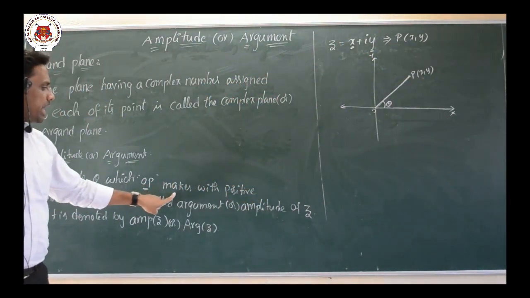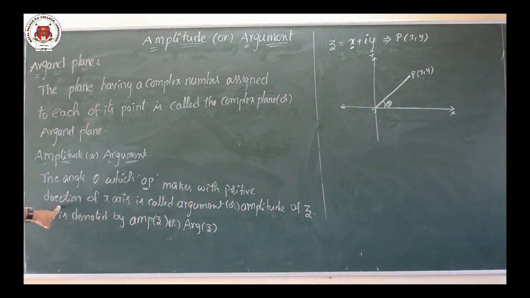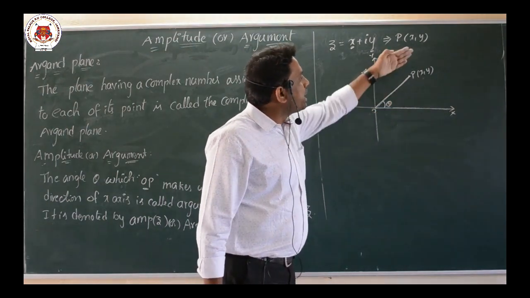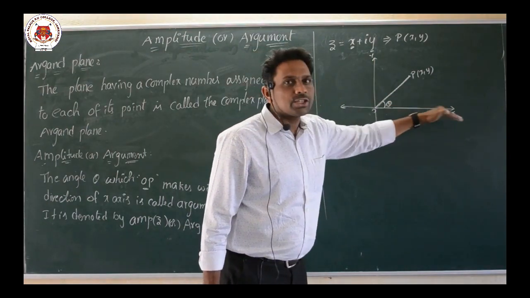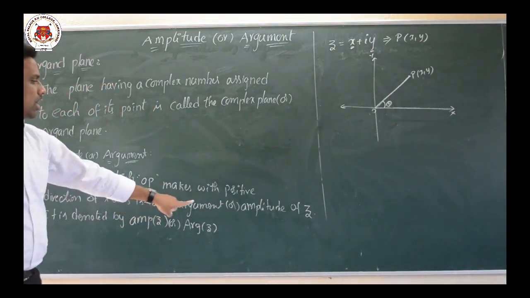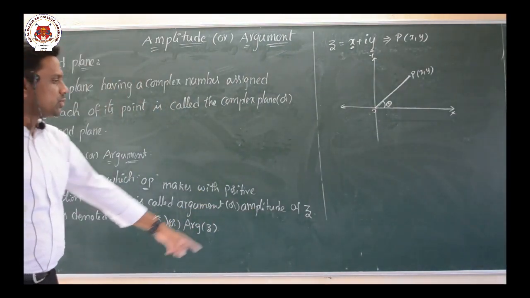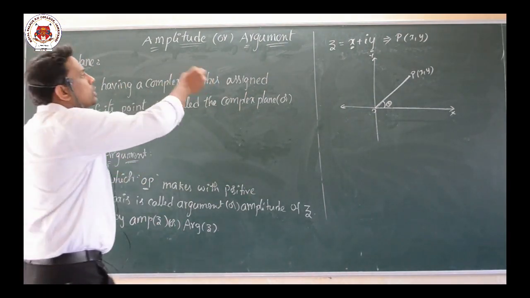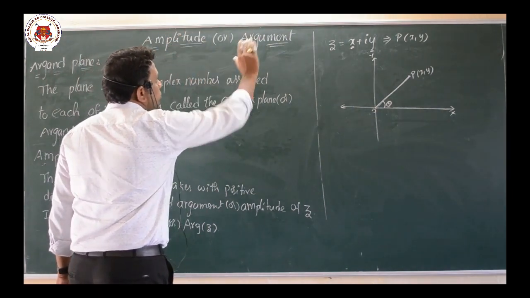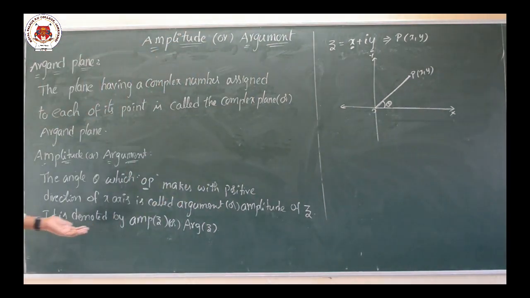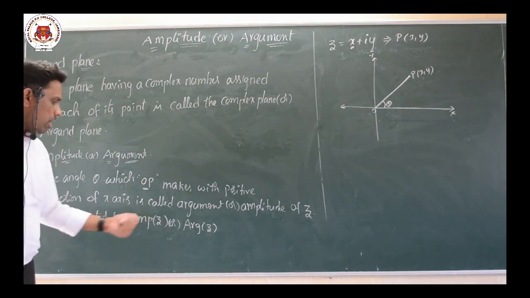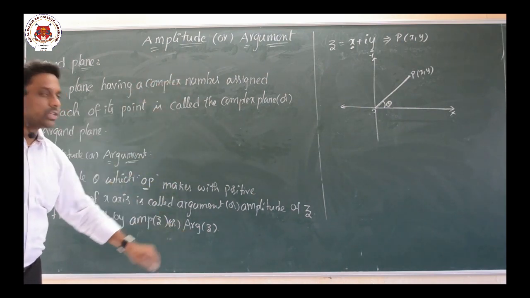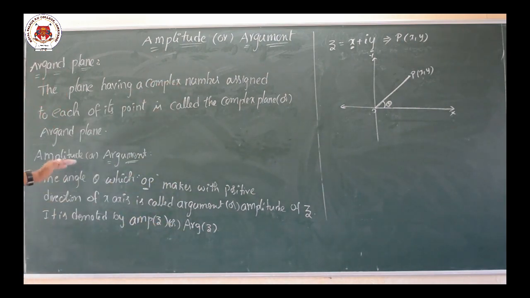So OP makes with the positive direction of the x-axis. This angle theta which is made by OP with the positive direction of the x-axis is called the argument or amplitude of Z. Z means complex number. We can't write every step with this much of a big phrase, amplitude or argument. We can write it in short form. So it is denoted by amp Z, where amp means amplitude of Z, or we can write arg, where arg means argument of Z. So this is the definition.